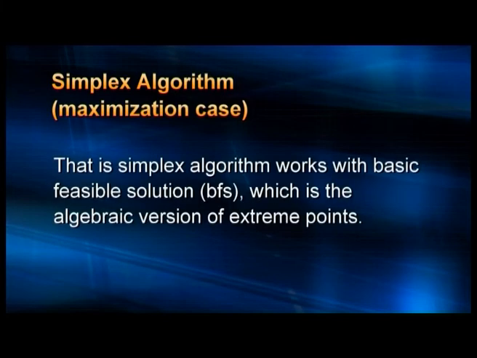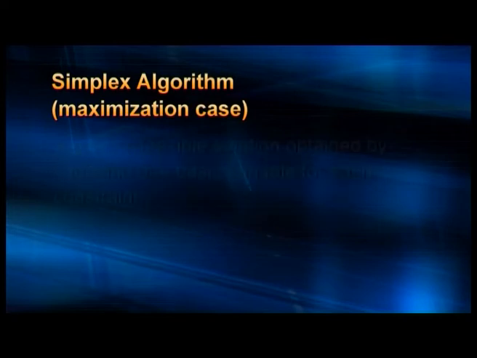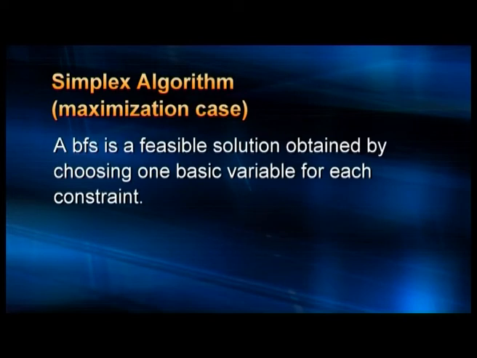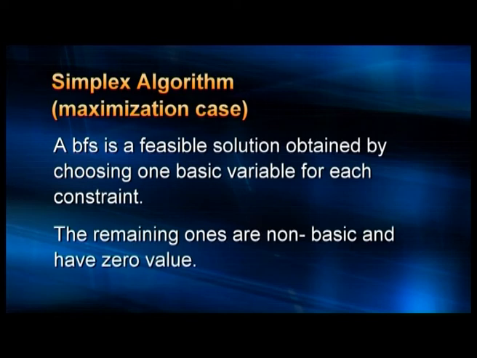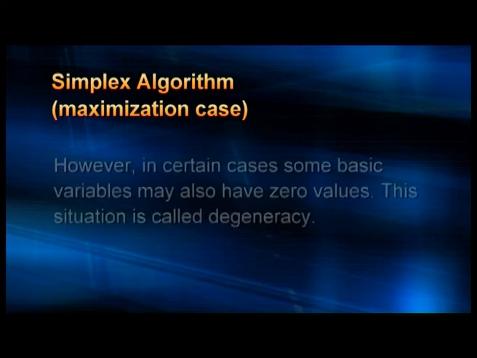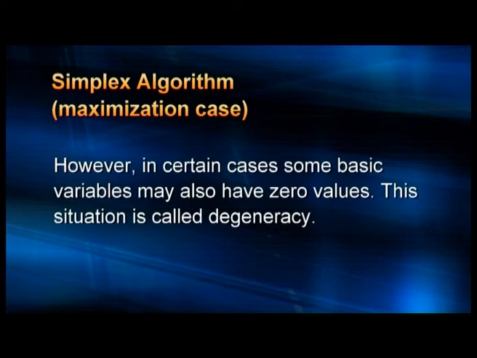That is, the simplex algorithm works with basic feasible solutions, BFS, which is the algebraic version of extreme points. A BFS is a feasible solution obtained by choosing one basic variable for each constraint. The remaining ones are non-basic and have zero value. However, in certain cases, some basic variables may also have zero values. This situation is called degeneracy.